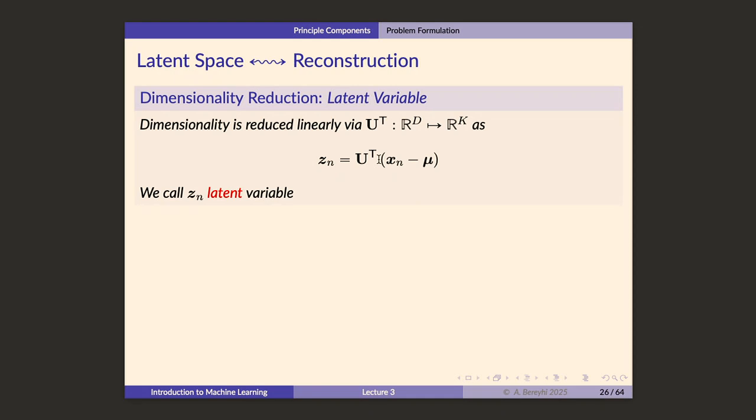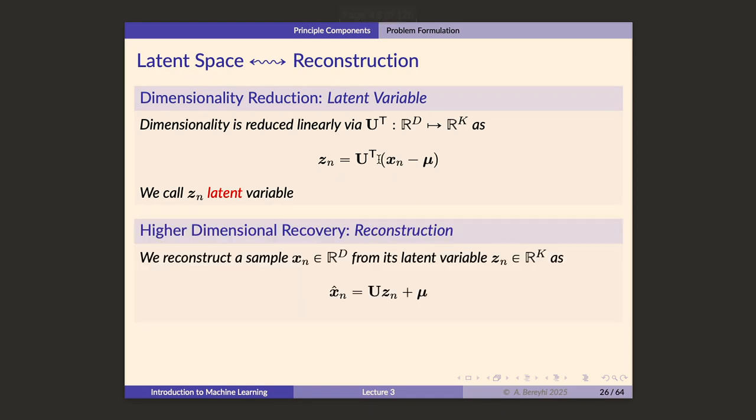And what we want alongside this dimensionality reduction is the capability to reconstruct our data. For data reconstruction, we take the same U multiplied with Z. U is D by K, so when you multiply it with the reduced K-dimensional vector, you get a D by 1 vector. Then you add the bias, and you get back one vector, X hat.